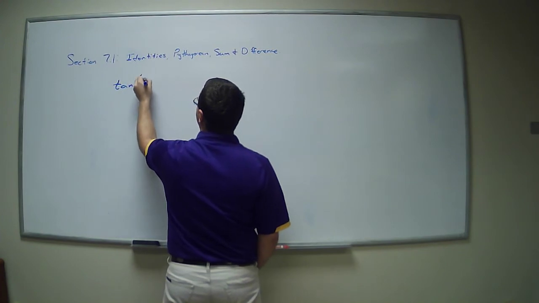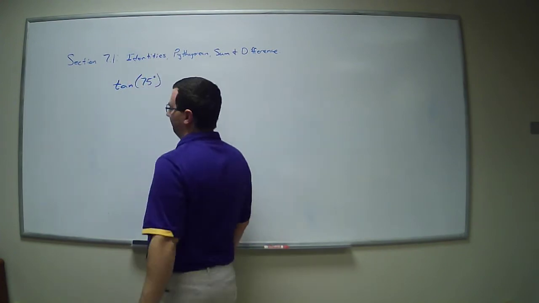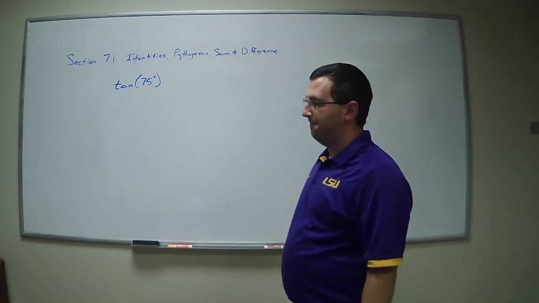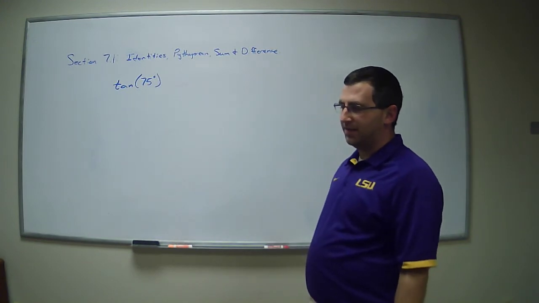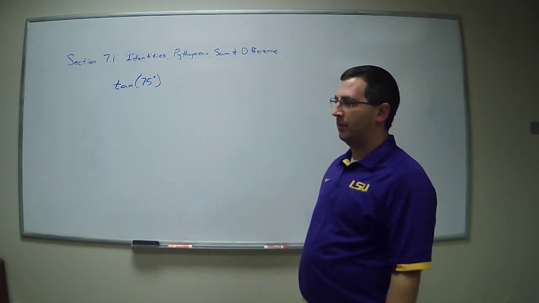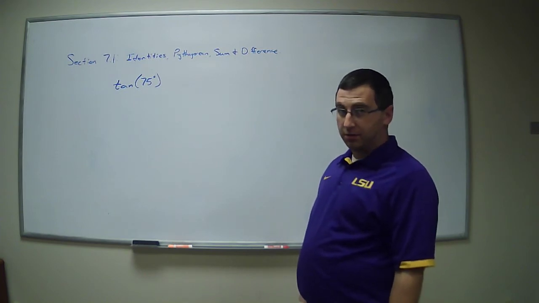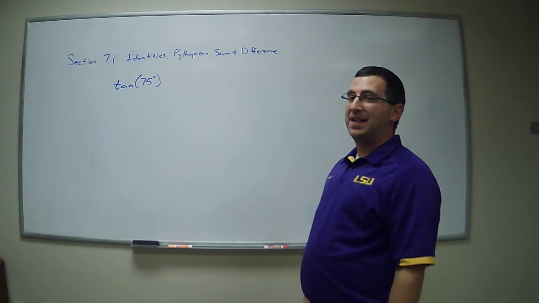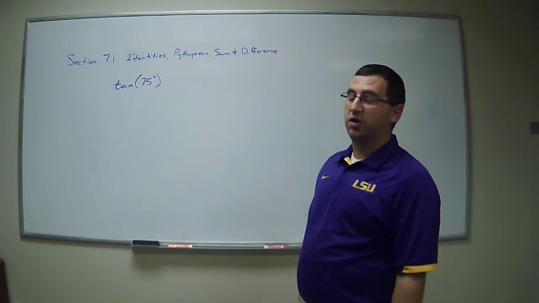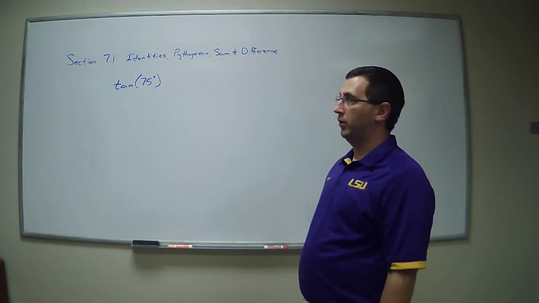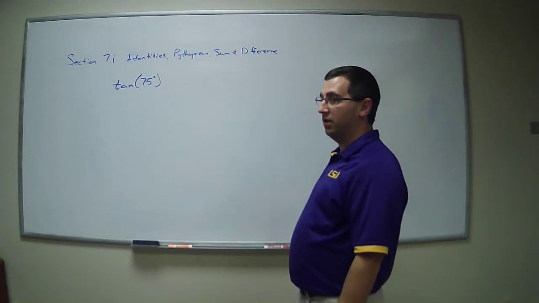Tangent of 75 degrees. Okay? Tangent of 75. Well, if you go back to the unit circle, we do not have 75 degrees listed on our unit circle. All right? If you do, you've got a funky unit circle.